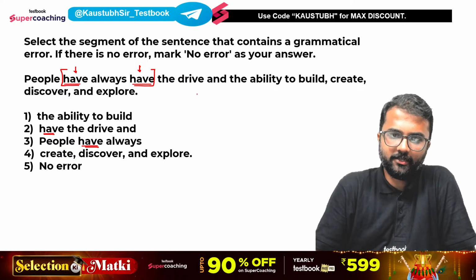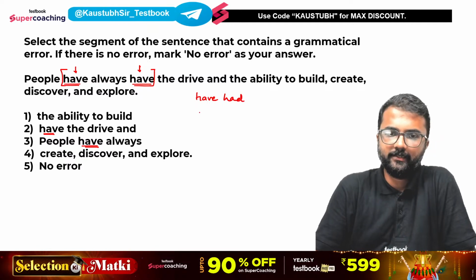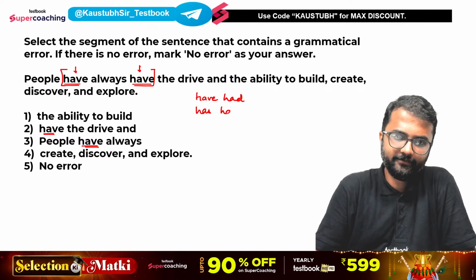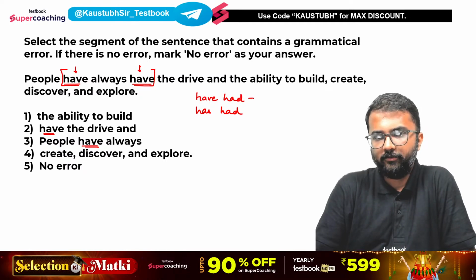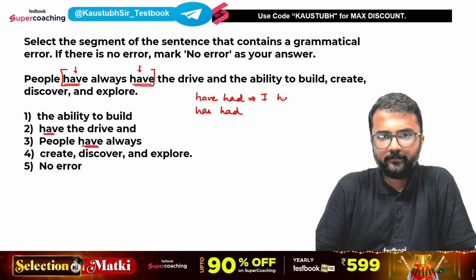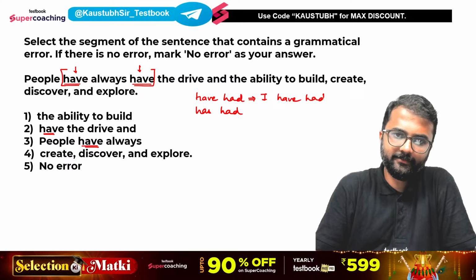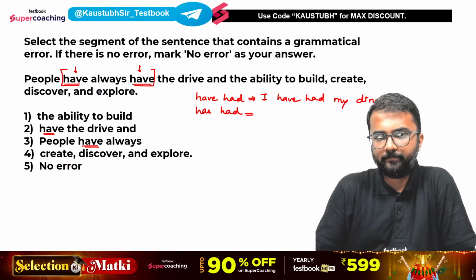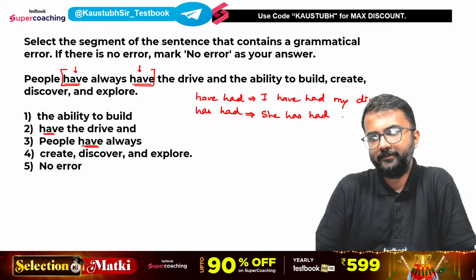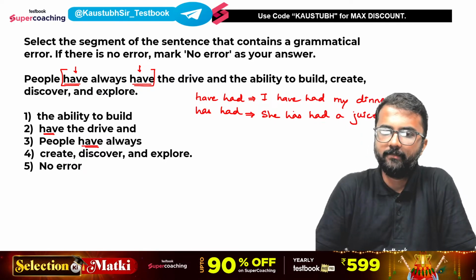We have used these structures, right? Have had, has had. ये structures आपने देखे ना? For example, I have had my dinner, or she has had a juice, right?